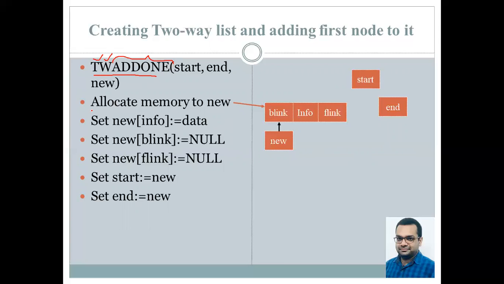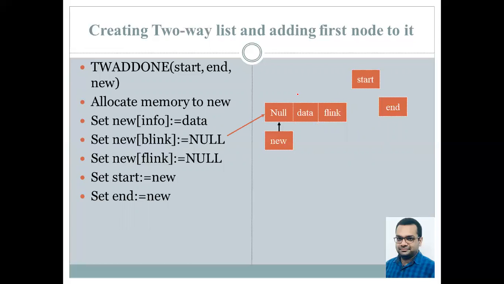As in previous cases, we allocate memory to the new node. However, now the new node will contain three things: the backward link, the information part, and the forward link. As you can see, start and end are both null, and therefore our two-way linked list is empty. Now we assign the data value to the information part of new.